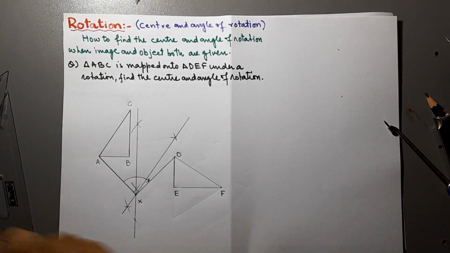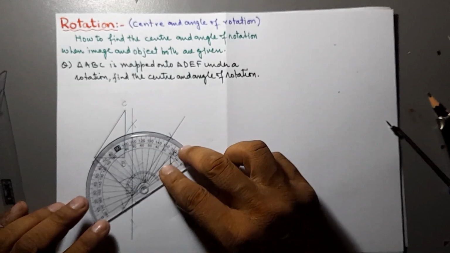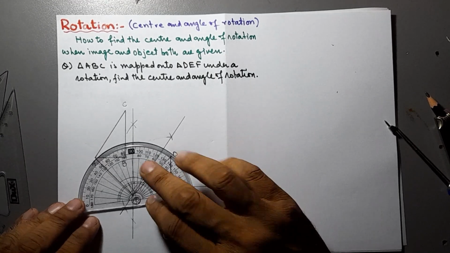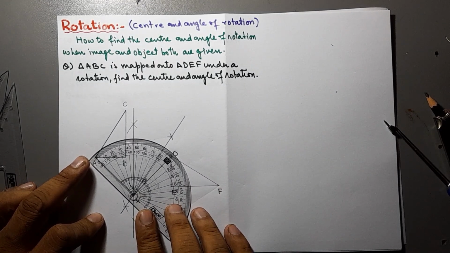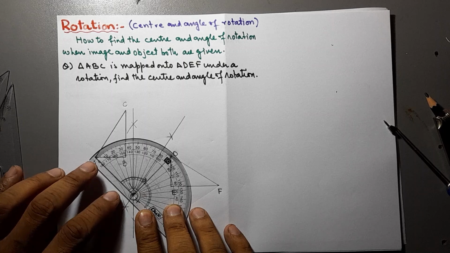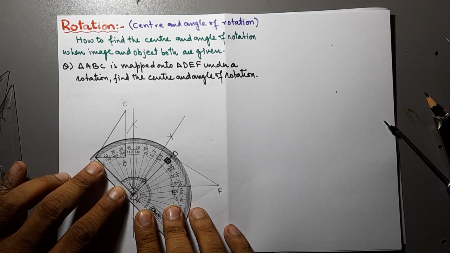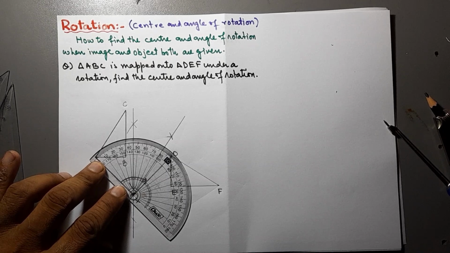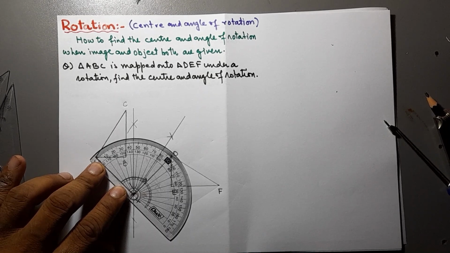Now I will measure the angle with the help of protractor. I will put the center of protractor at point X and 0 on the line XA, and the angle of rotation is approximately 90 degrees clockwise.